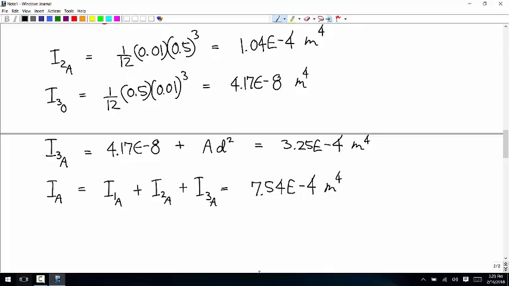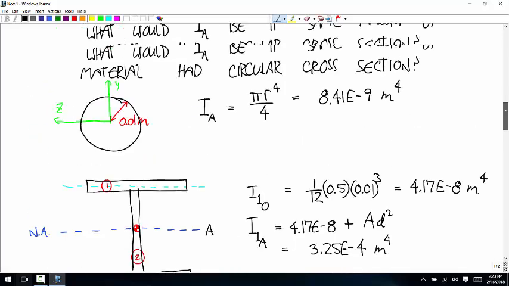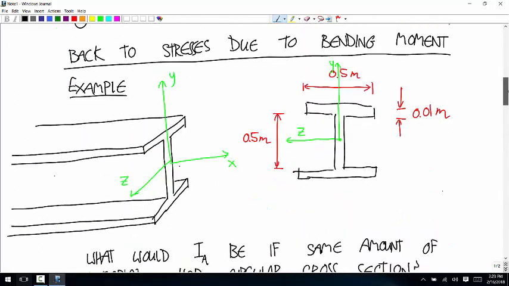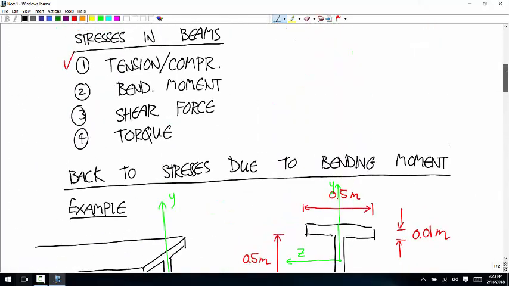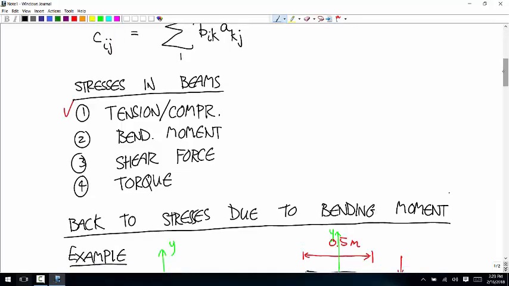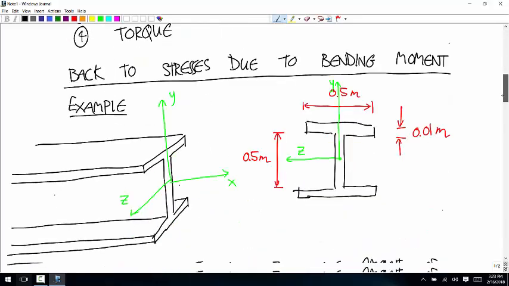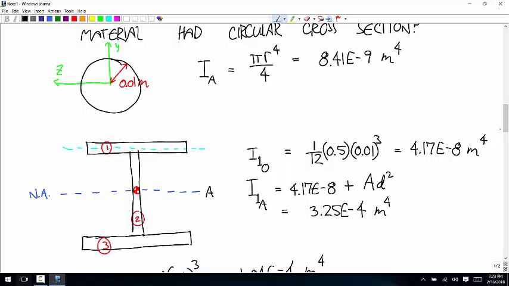I guess more like, well, a little under 10,000, but a lot more than the circular cross section. So if all that material, instead of being made into an I-beam shape, was just made into a long circular cylinder, and you applied a bending moment to it, this circular cross section would bend a ton more, the stresses would be a lot higher, and it would break a lot sooner.